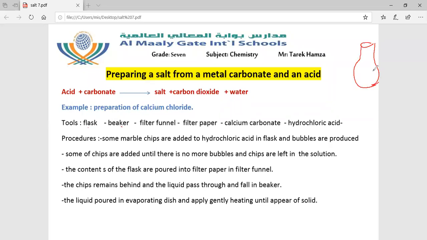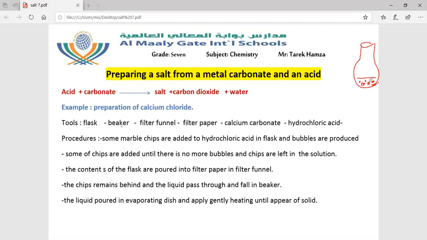What is in the flask? Hydrochloric acid and some calcium carbonate. Calcium carbonate is in the form of marble chips, a solid form of calcium carbonate.